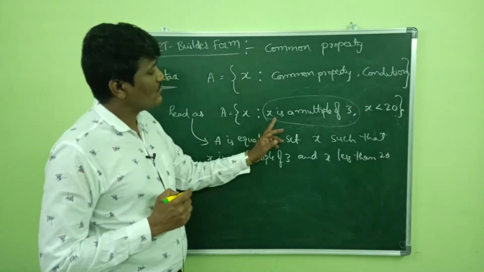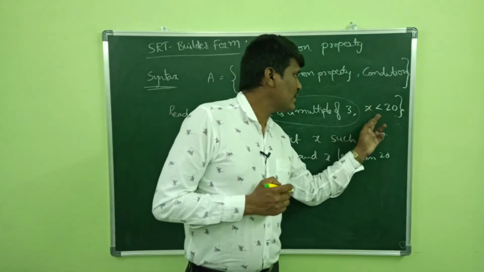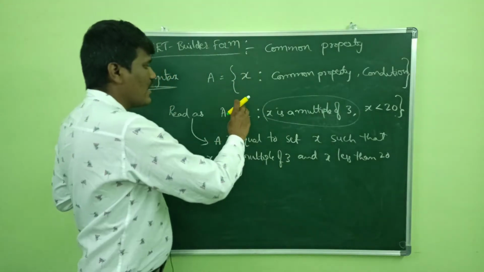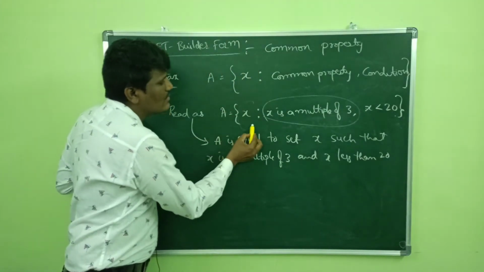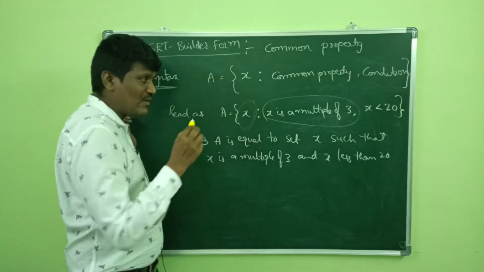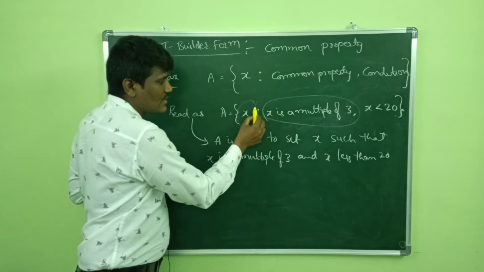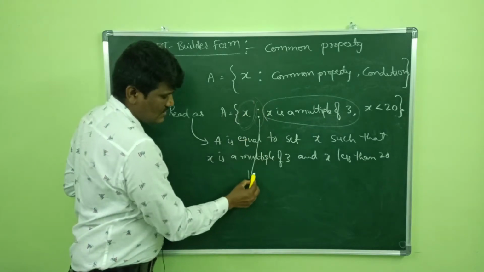Okay, so next they have given a condition, x less than 20. So always x is the element. How to write the such that? This is the symbol for such that.